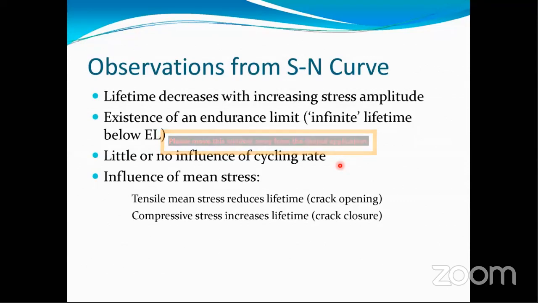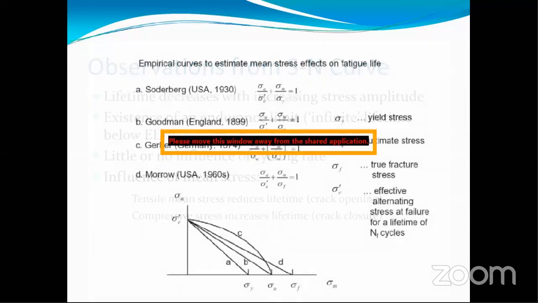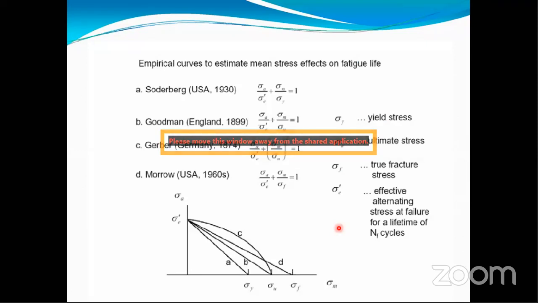Also, considering the mean stress effects, as told earlier, tensile mean stress reduces the lifetime because of crack opening, and compressive mean stress increases the lifetime because of crack closure. As I mentioned earlier, fatigue tests are done at zero mean stress, that is, there is a complete reversal of stress from negative to positive of the same value.